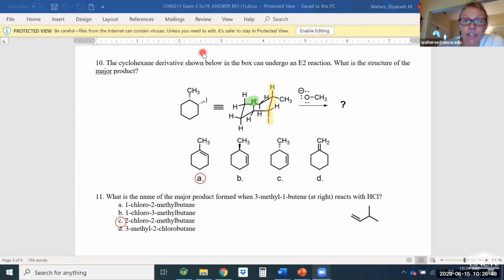But because of the presence of this methyl group, and this is a small, strong base, you are going to make a Zaitsev product.